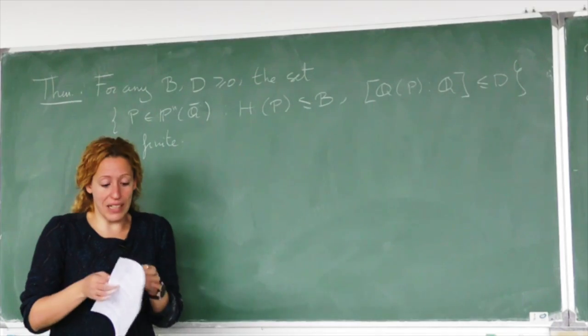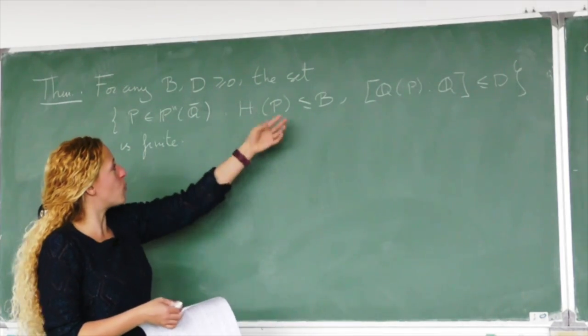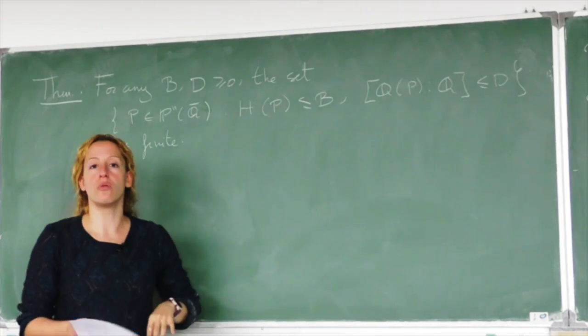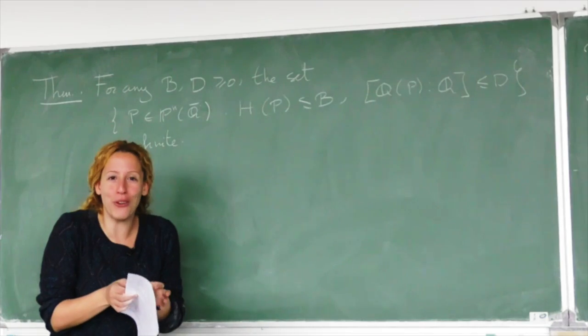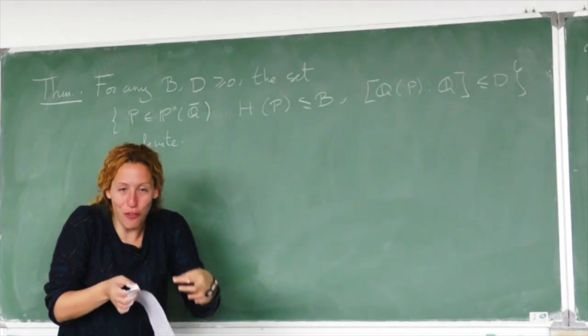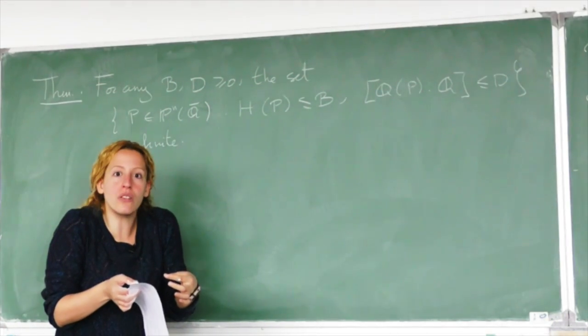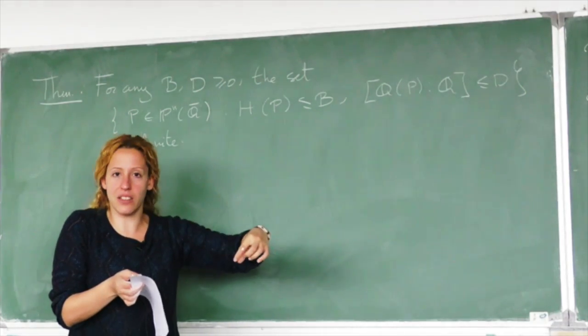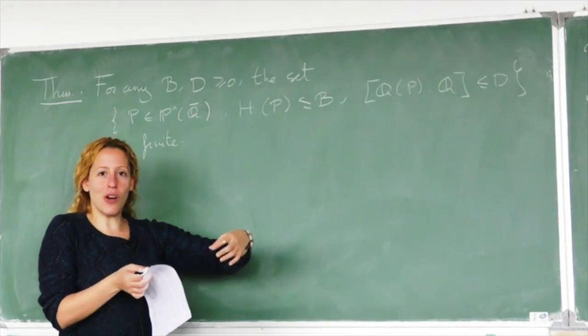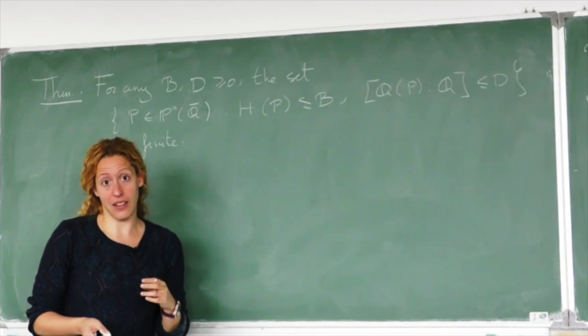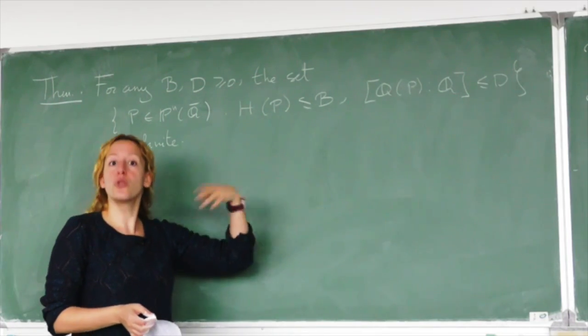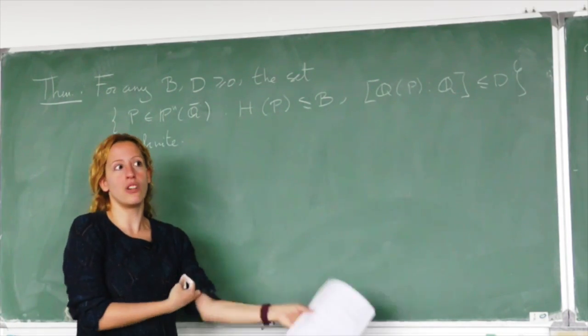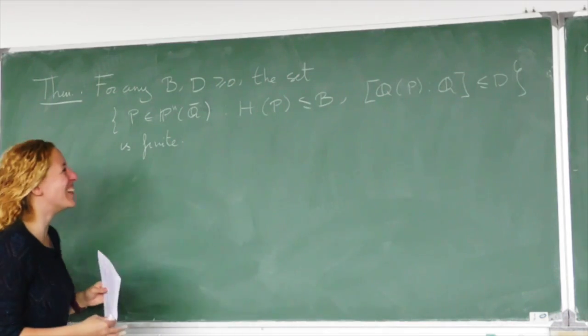You can say, okay, I take all my points with height smaller than 2. I'm going to get a finite number of points, so I can really write them and have a list. Now I want to look at points of higher height. Okay, so I get some more points that I can add to my list, a finite number. So this is the interest of the height, and we are going to use it to order, well, you will see, I'm going too far.